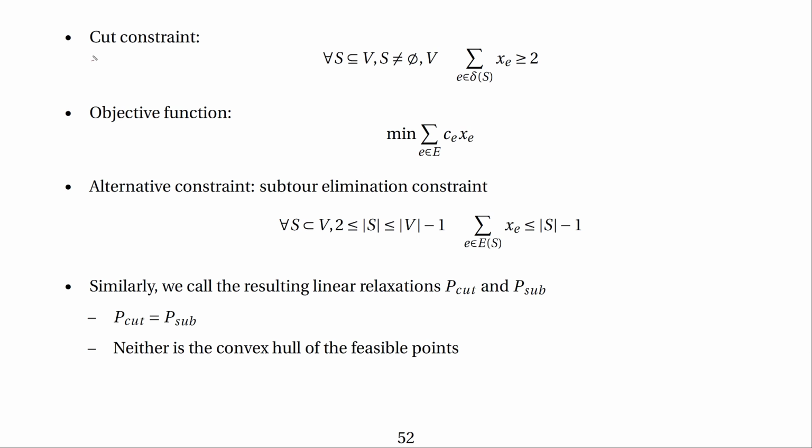One way will be using a cut constraint similar to the minimum spanning tree cut constraint, and the other one is a subtour elimination constraint similar to the subtour elimination constraint of the minimum spanning tree formulation. Let's look at the cut constraint first. For all subsets S of V, again excluding the trivial subsets, the empty set and V, we would like to make sure that the following is true.